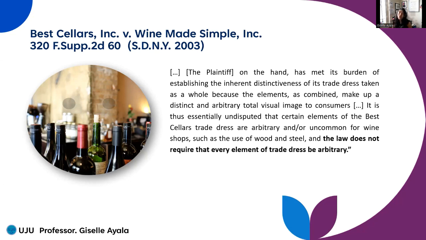It was not for purposes of enjoying the wine, anything like that. Therefore, it was inherently distinctive as a trade dress, and it was the overall combination of elements that was protecting the plaintiff. And therefore, the court also concluded that the law does not require that each and every element of trade dress be arbitrary or unique to grant protection.